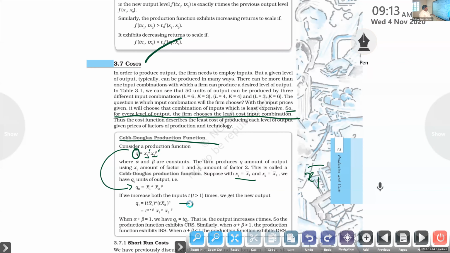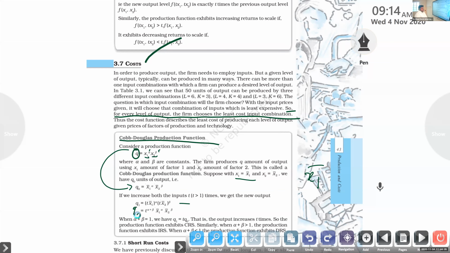So the equation is Q1 is equal to t raised to alpha plus beta multiplied by x1 bar alpha multiplied by x2 bar beta.